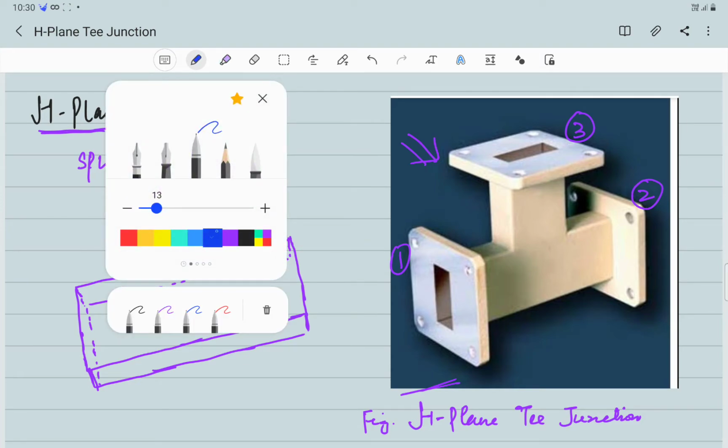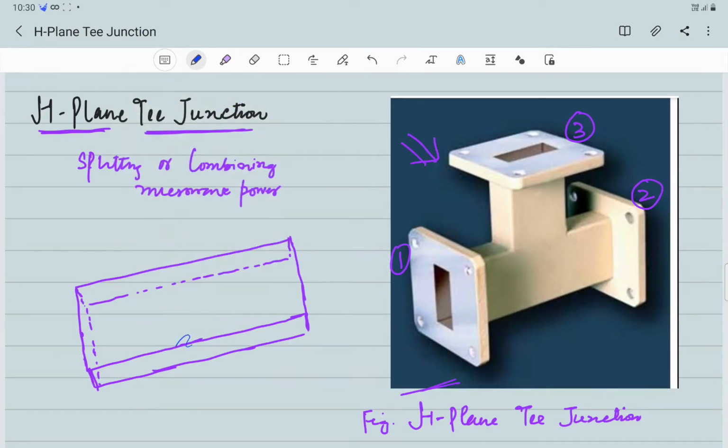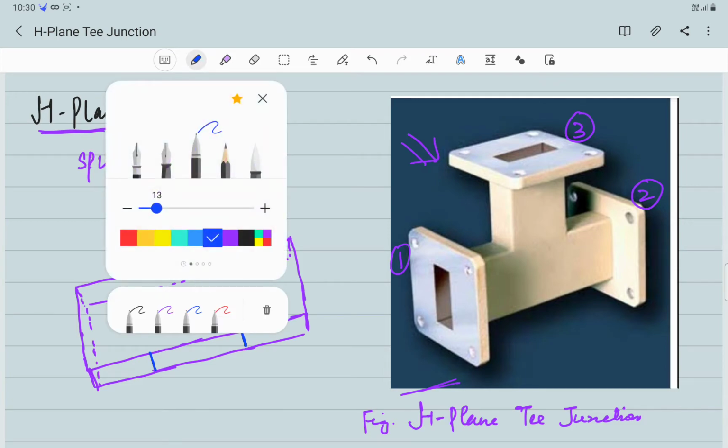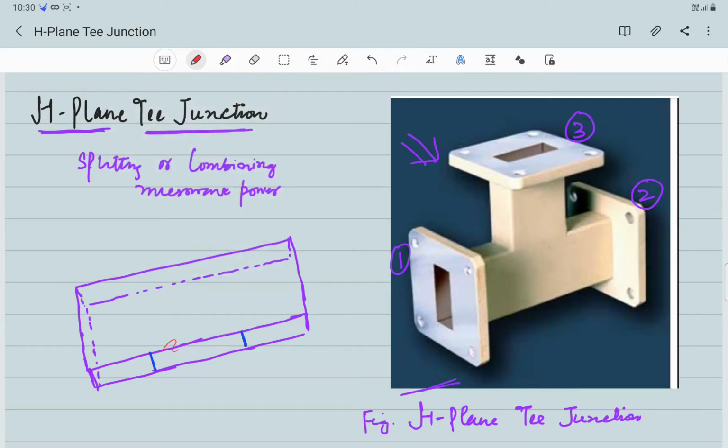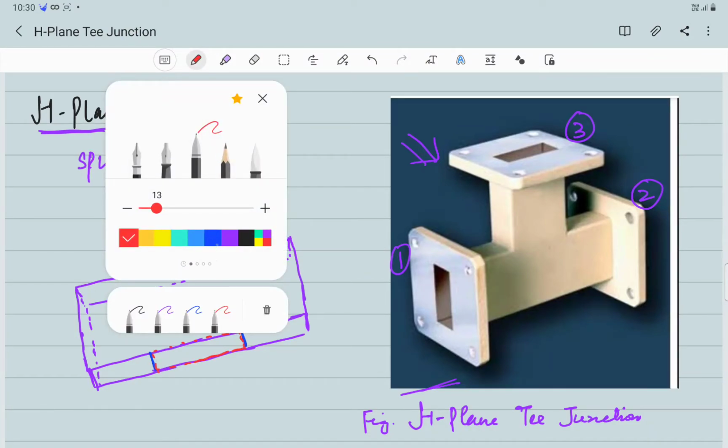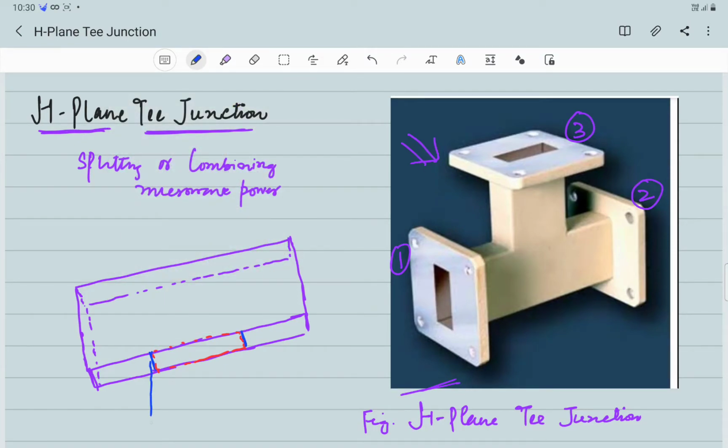Now, if I cut a slot along the width of this main waveguide, and then I attach another waveguide section, say for example like this. On cutting this rectangular slot here along the width, I attach another waveguide like this.